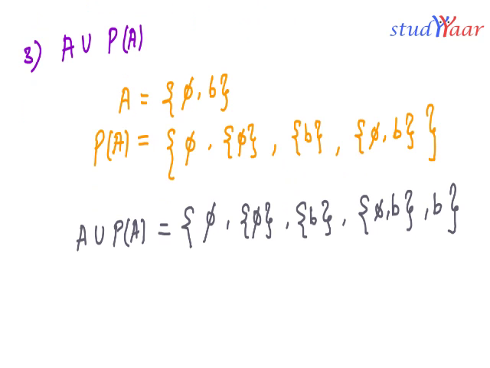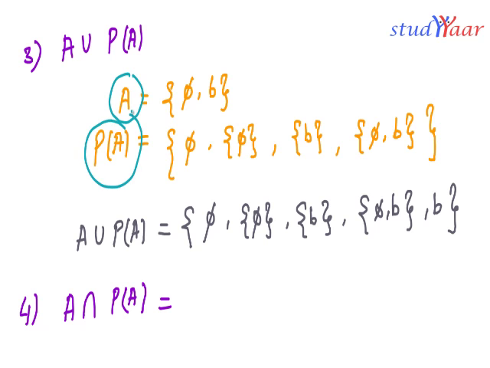In the same manner I can also find out the intersection of A and power set of A. I am looking at those elements which are present in both A and power set of A. So what is that element? B is not present in the power set of A, because there is a difference between B and a set containing B. You cannot treat them as same.